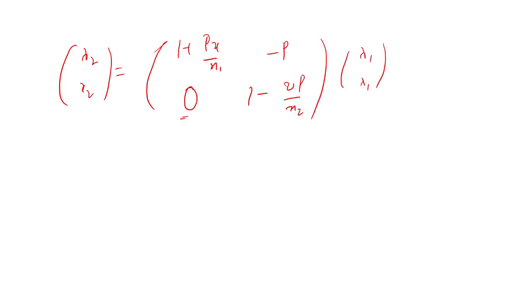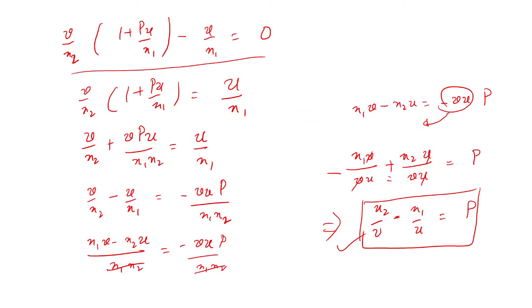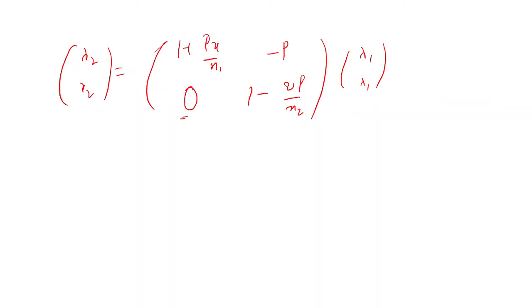So the only thing that I changed from the previous matrix is I set this third term to 0, as we have seen from the physical picture. So then I have lambda 2 x2 in terms of lambda 1 x1. Now I can write x2 then, as the first term is 0, so no lambda 1 appears, I have 1 minus vp by n2 times x1.